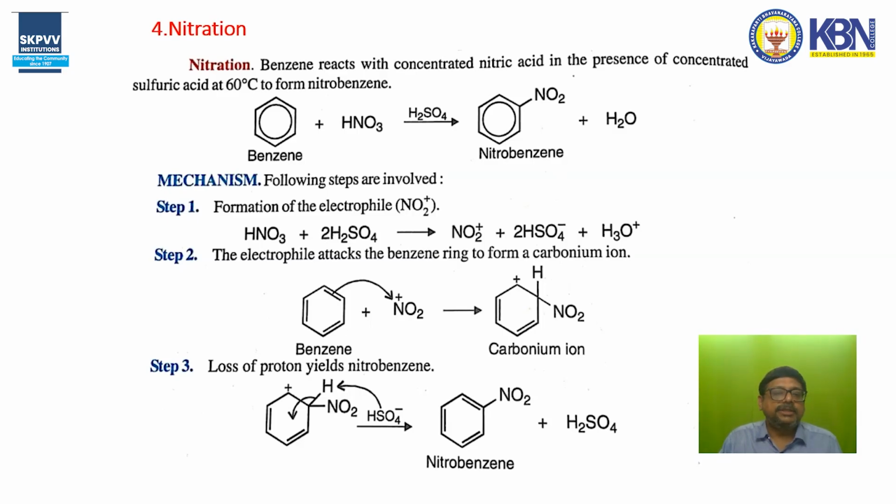In the second step, the electrophile attacks the benzene ring to form carbonium ion. In the final step, the carbonium ion loses a proton to form nitrobenzene. So this is the reaction of nitration.